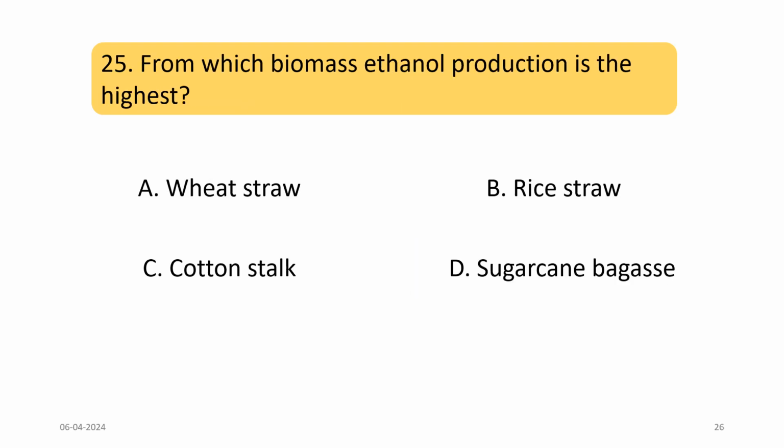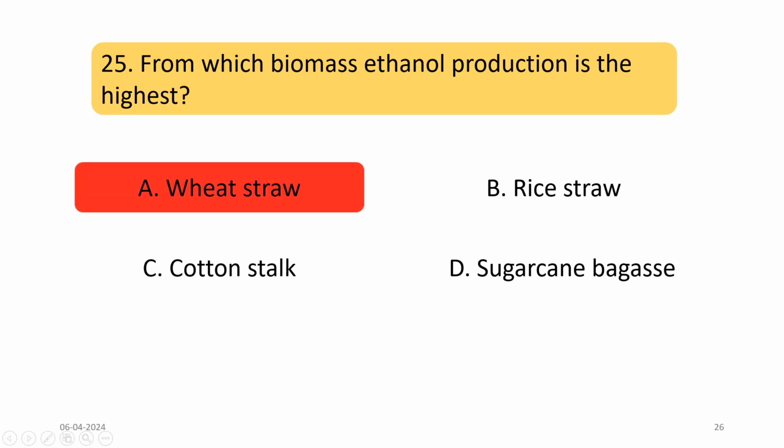Next question. From which biomass is ethanol production the highest? This is not the wheat straw, but the rice straw. From all of them, ethanol can be produced, but the ethanol production rate is higher in the case of rice straw if we use it as a raw material.